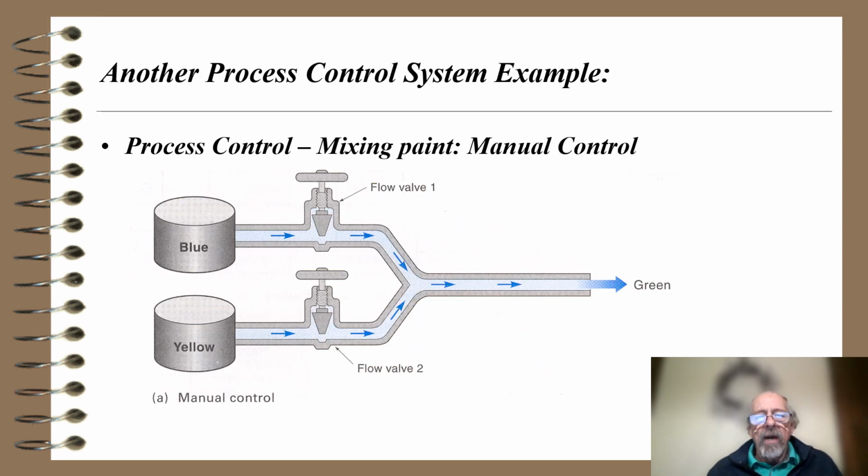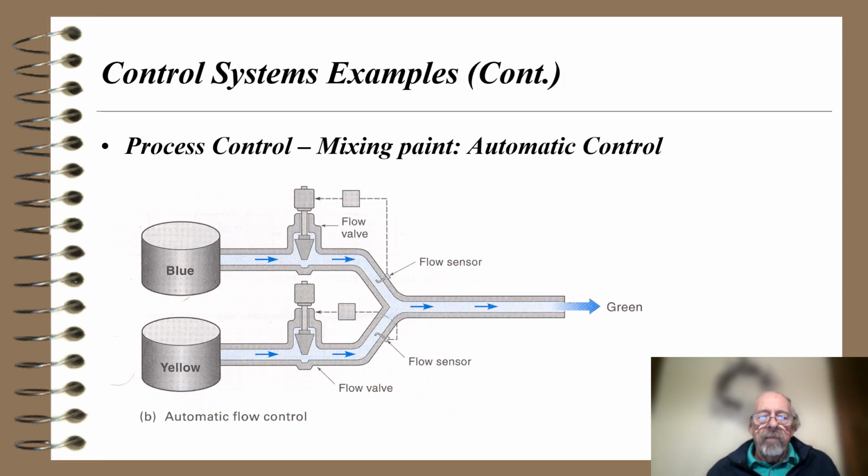Here's another process control example: mixing paint. We have manual controls here. You see we have blue and yellow, and we're going to mix those together. So we have flow control valves 1 and 2, and we get green if we're very careful with how we mix those together. Here's the same thing with automatic control.